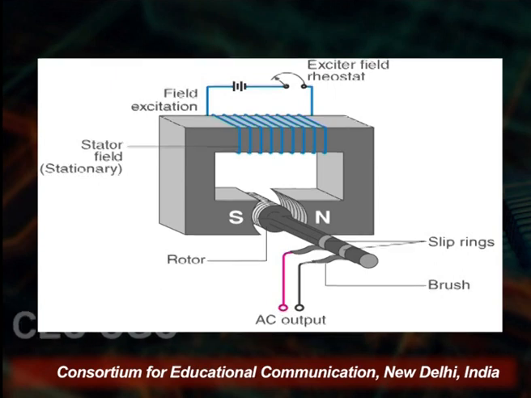AC can be created by rotating a coil of wire between the poles of a permanent magnet, as we have seen in the diagram. The coil is known as the armature, and the slip rings are connected to the ends of the armature and are insulated from the armature and from each other.